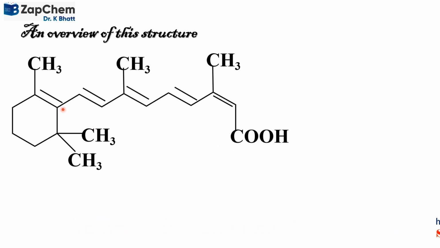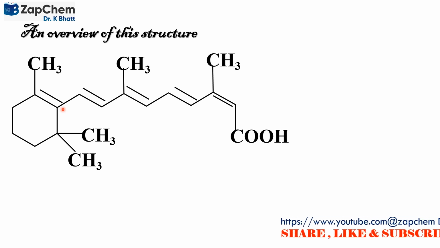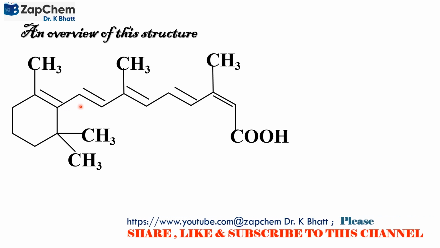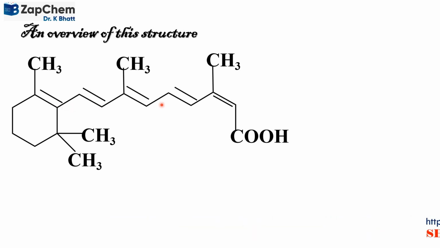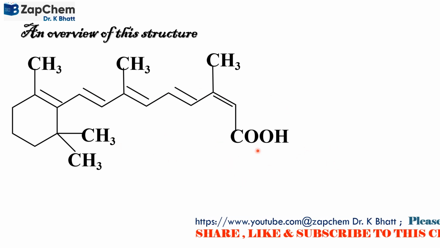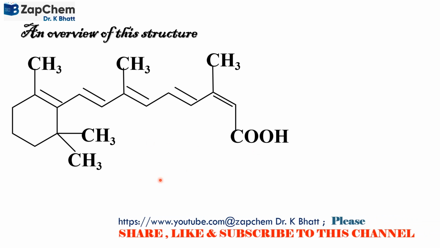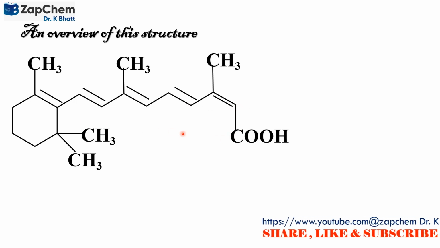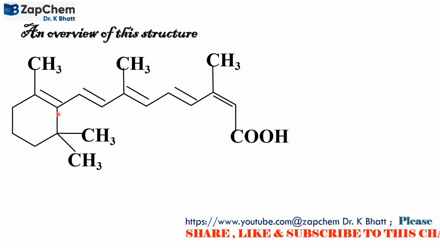Now we have to select the root word, and the root word would be selected taking into consideration the preference of the number of carbon atoms and also the functional group attached here. We find that the COOH group is attached to a chain of carbon atoms containing 9 carbon atoms, separately attached to the cyclohexane ring.